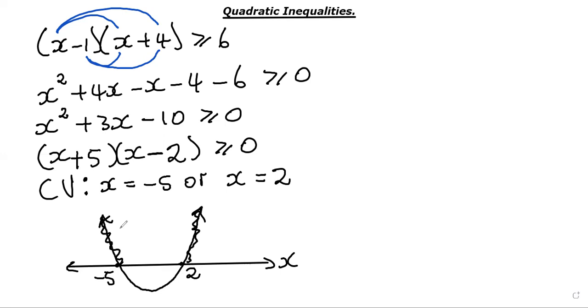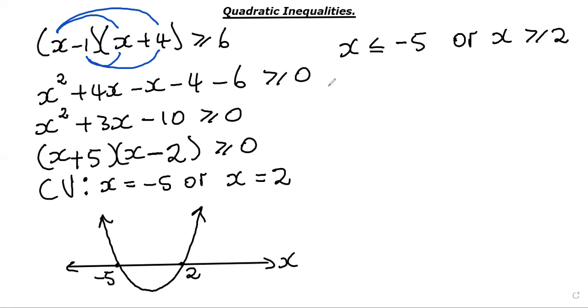So from negative infinity to negative 5, as well as from 2 to positive infinity. But we have to include negative 5 and 2. So in the best notation, we can say any value of x that is less or equal to negative 5, or any value of x that is greater or equal to 2.